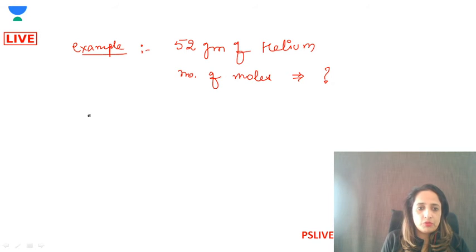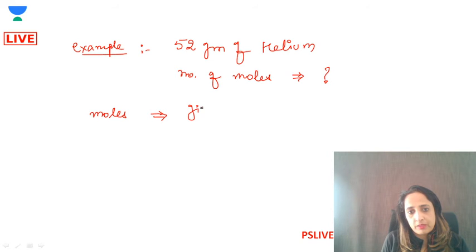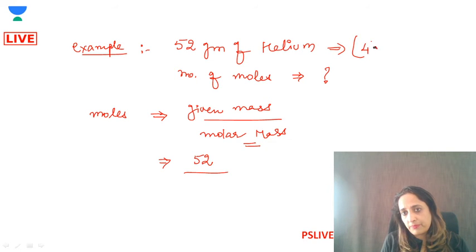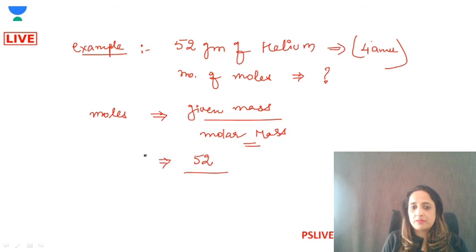Now I gave you the formula: number of moles is equal to given mass divided by molar mass. The given mass here is 52, and the molar mass, or atomic mass, of helium is 4.